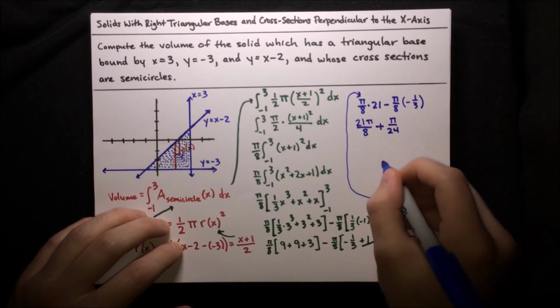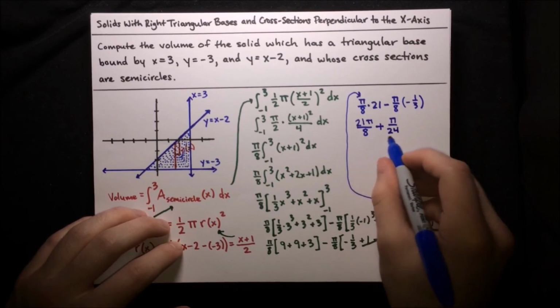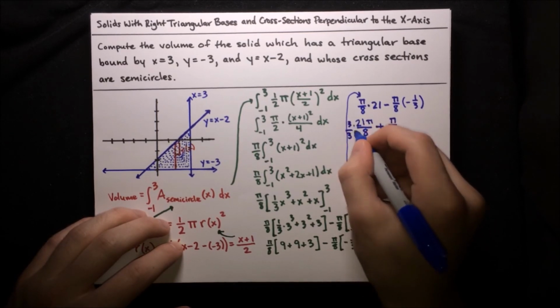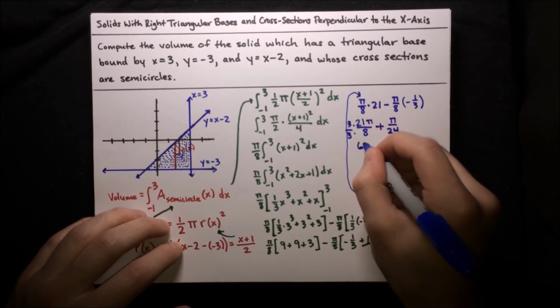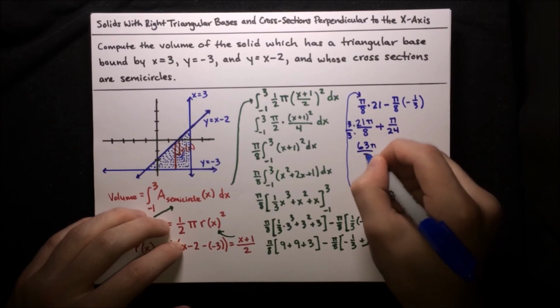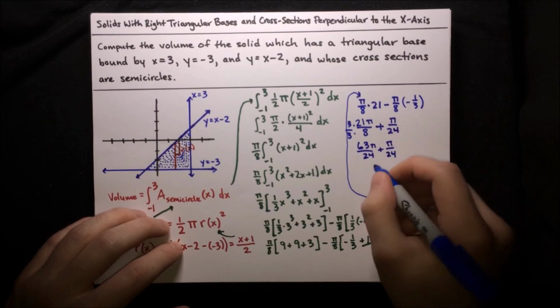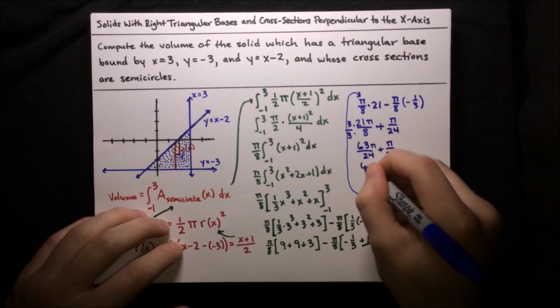Now we want to add these fractions, so let's have them get the same denominator. Multiply this left one by 3 over 3. Alright, so that'll give us 63 pi over 24 plus pi over 24, and that comes out to 64 pi over 24.